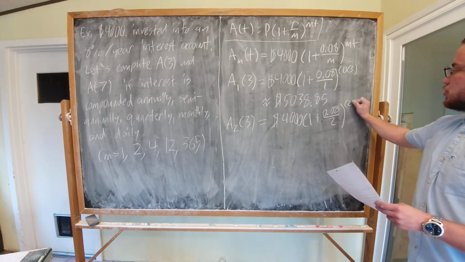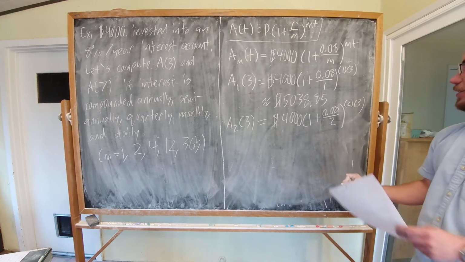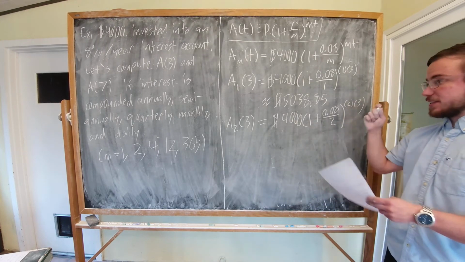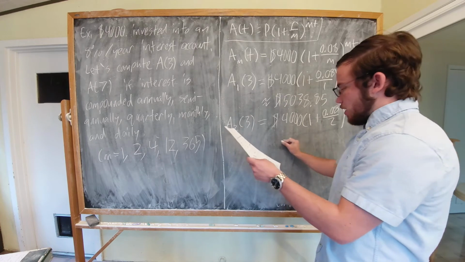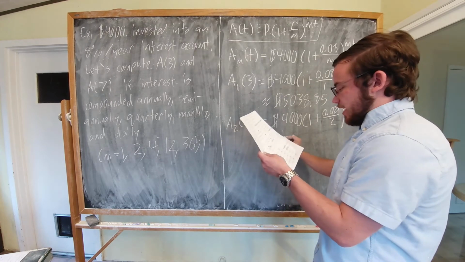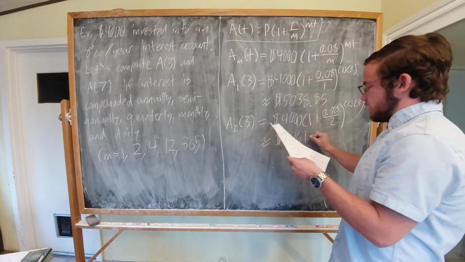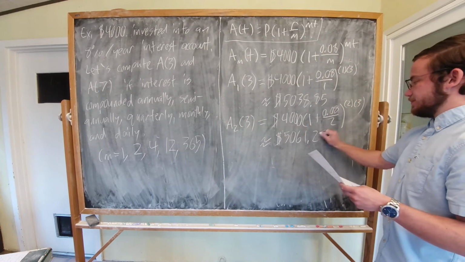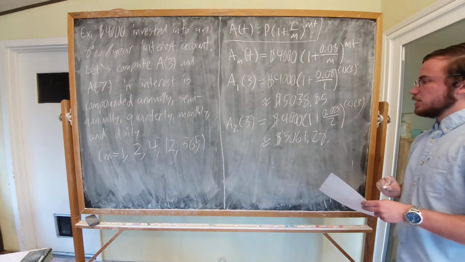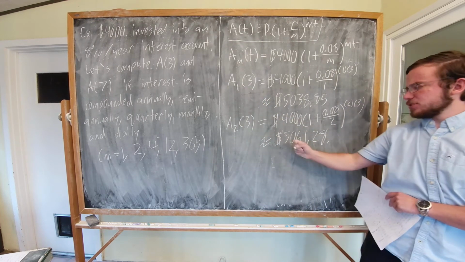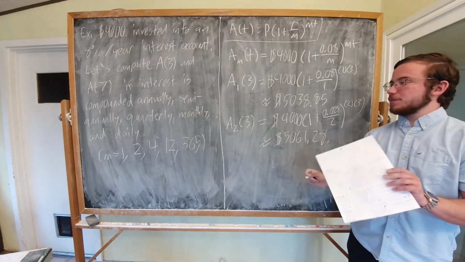So now we're working with 4,000 times 1.04 to the 6th power, which, if you plug that into your calculator, is roughly $5,061.28. So we see that increasing the number of times that we compound has increased the amount of money we make.